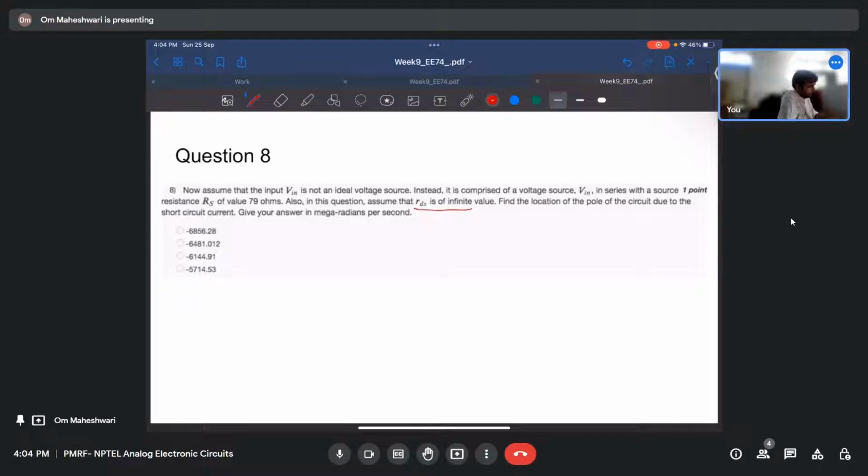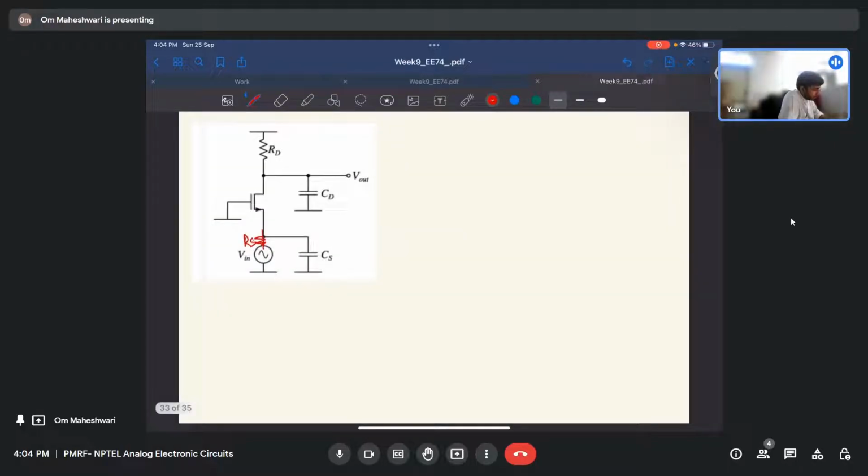Okay. So again we have to find the pole here, and it will again be 1 by RC. What will be the impedance here? At the source we get 1 by GM, I think.